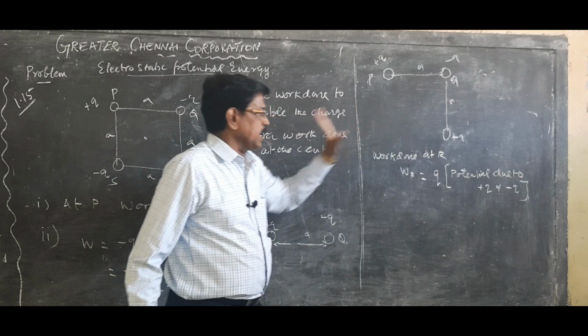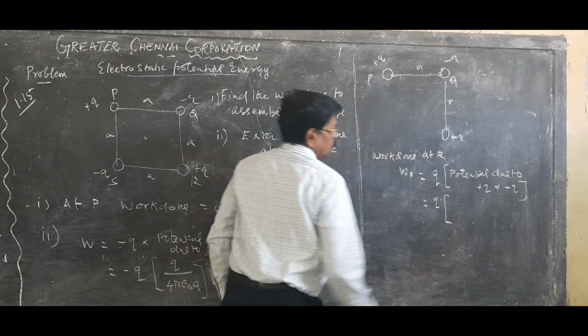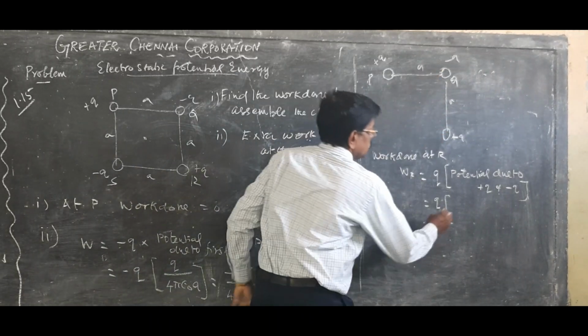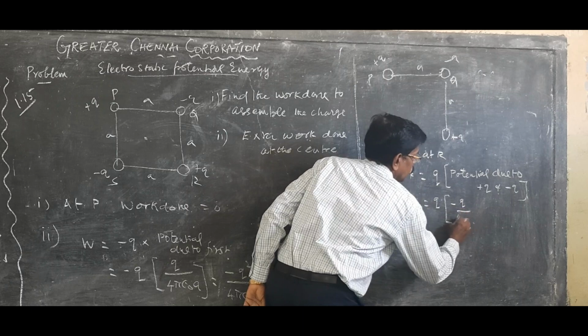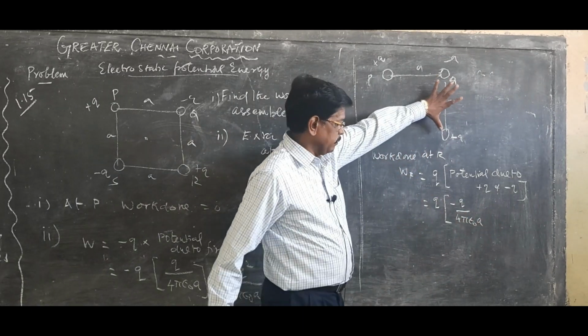We have to find Q into, first, the potential due to this minus Q, which is minus Q by 4 pi epsilon 0 A. The distance is A.